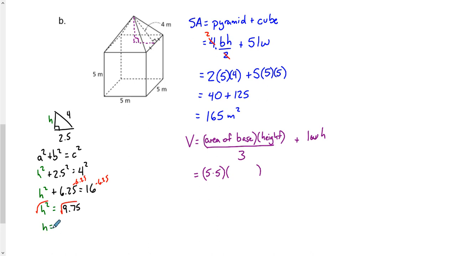The height of the pyramid is 3.1225. Now, when I'm plugging this in my calculator, I'm not going to leave it at that. I'm going to keep the full value, because I know how to use my calculator. It's 3.122499.